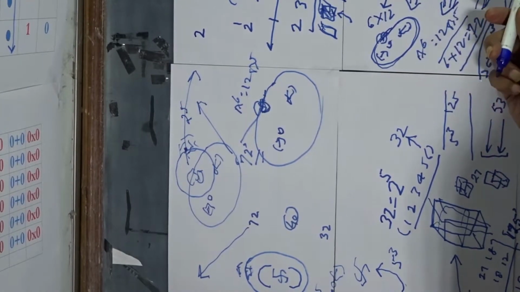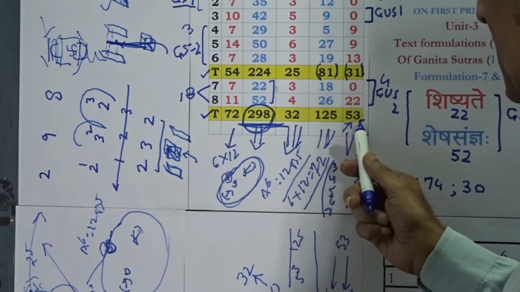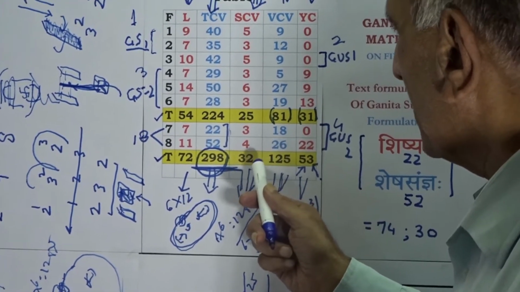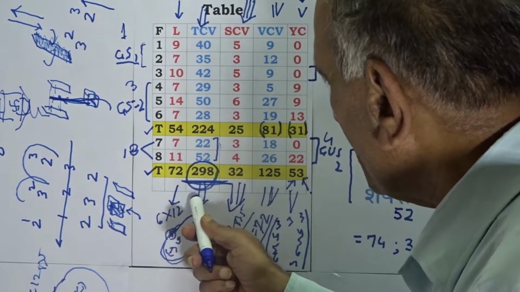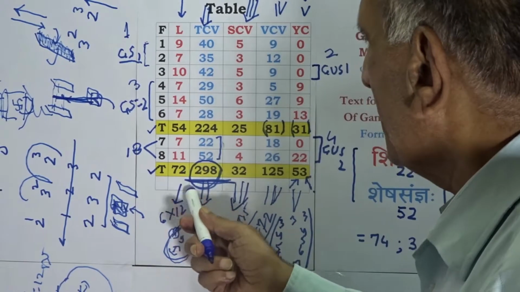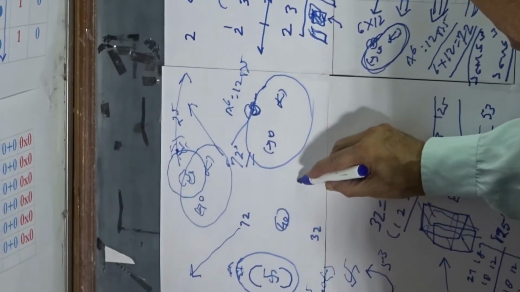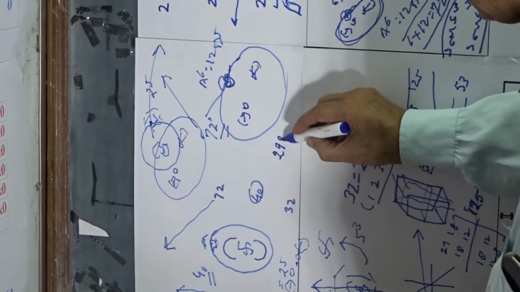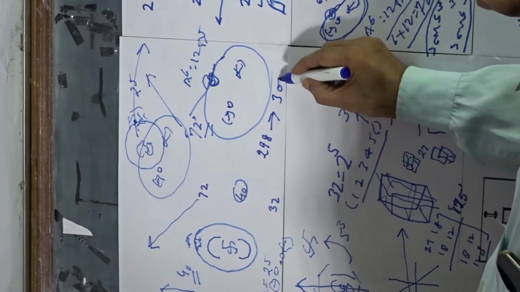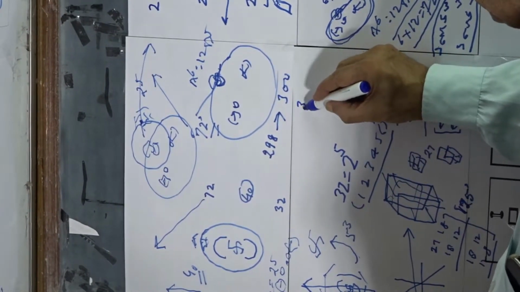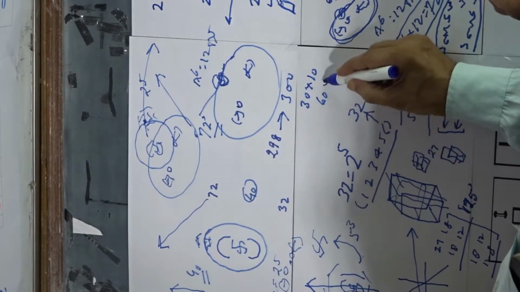One shall very sincerely and faithfully reach from 53 to 125 to 32 to 72, and then we'll see that in between there is going to be this phenomenon, and the value emerging in between is 298, which as dimension will take us to value 300. And this value 300 is 3 into 10. It is equal to 60 into 5.